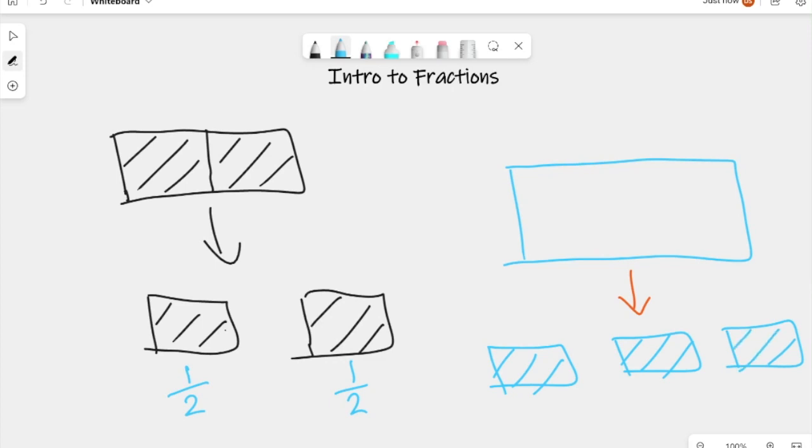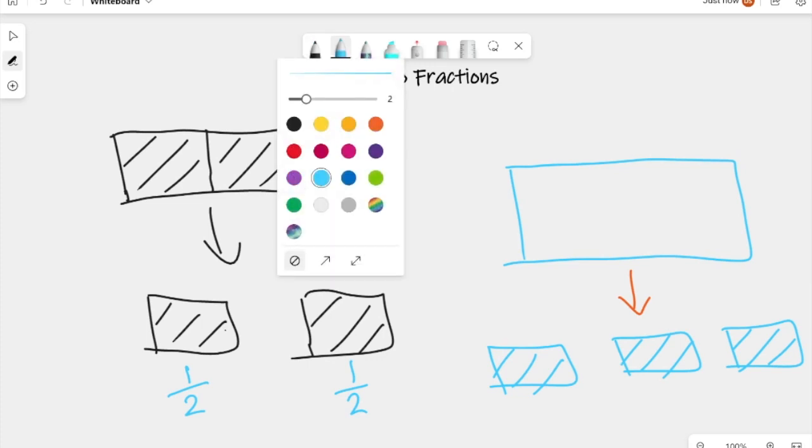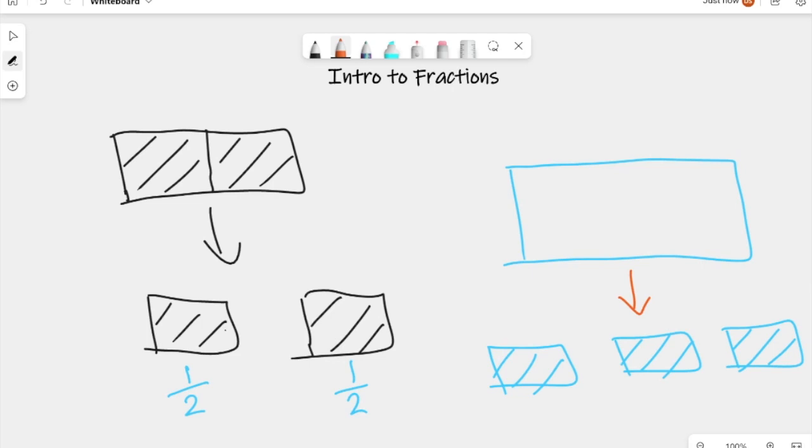I have three different pieces that I've divvied up between all of my friends. Now, the way we write this, for example, we have three separate little portions of chocolate that make up our whole. So we can say that each of us has 1/3 of the chocolate together.